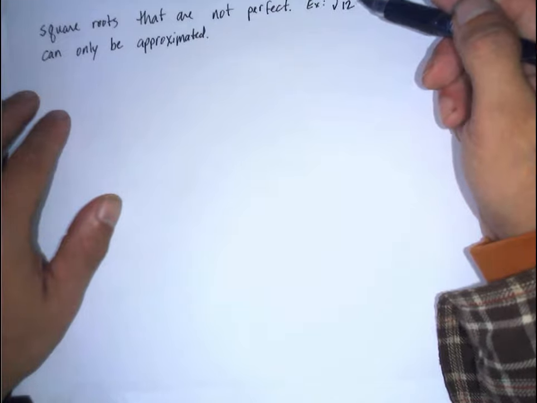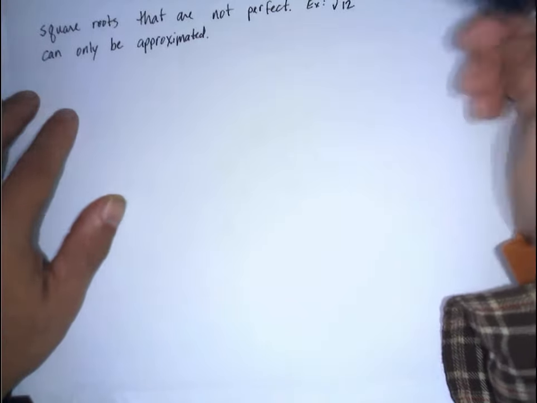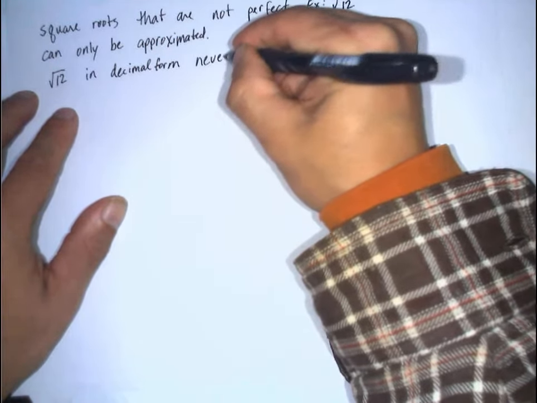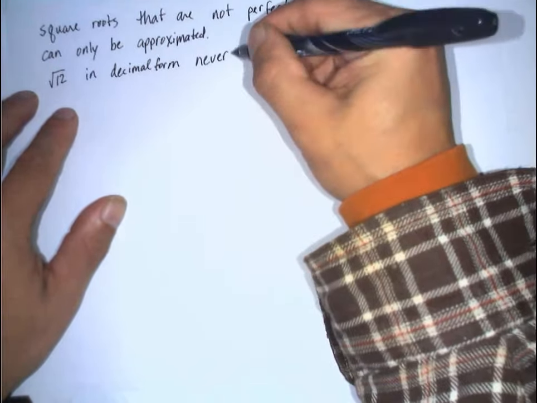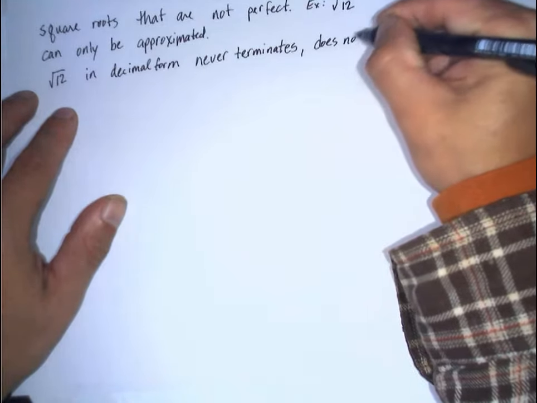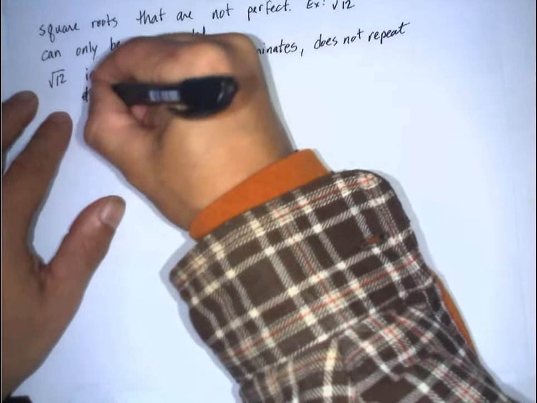When you type the square root of 12 into a calculator and you get the digits that come out, that result is rounded to however much that calculator can handle. Because the square root of 12 in decimal form never terminates. It continues forever, and it does not repeat the same numbers.